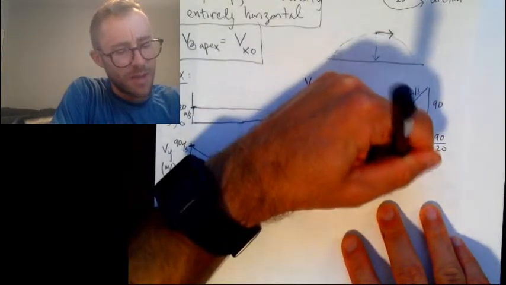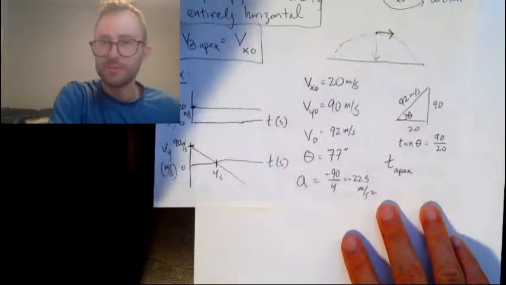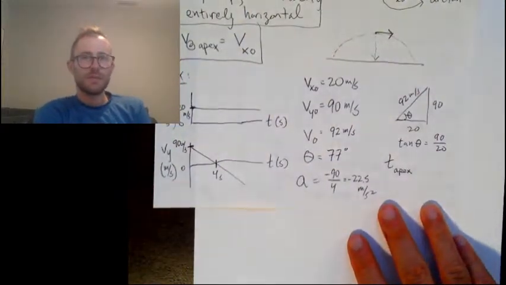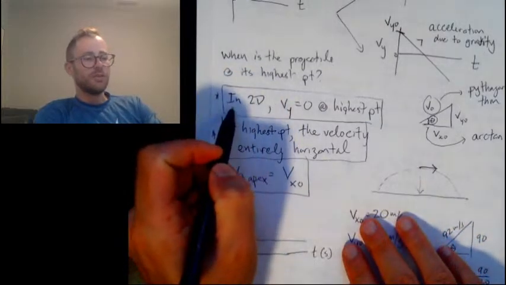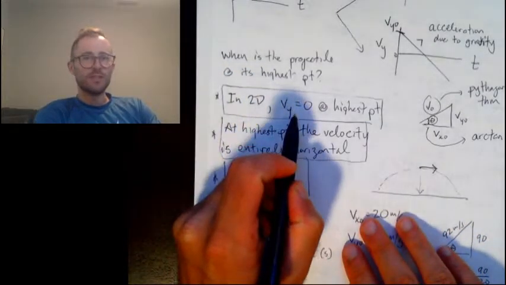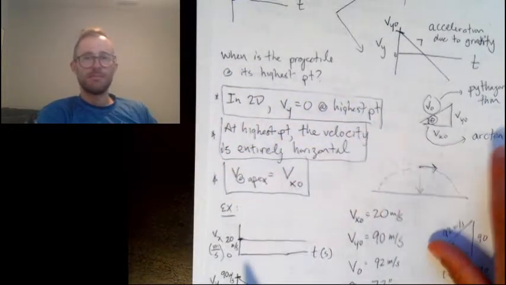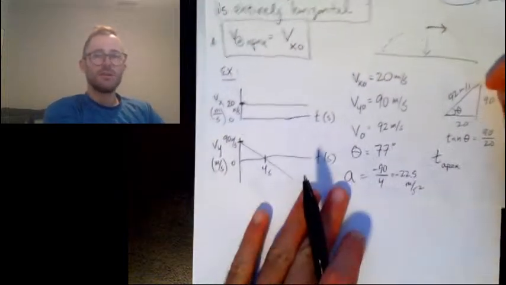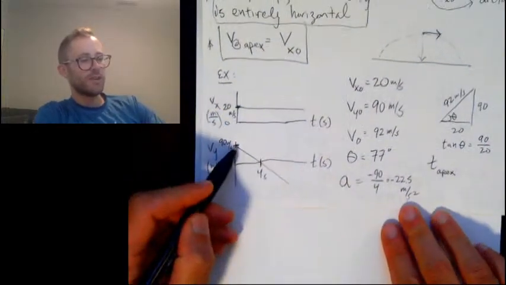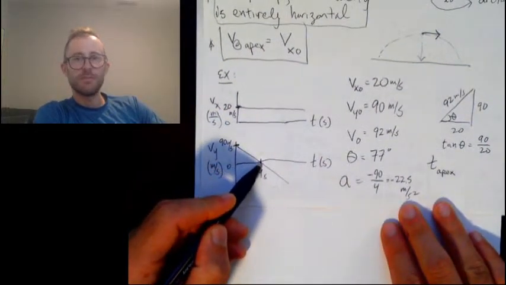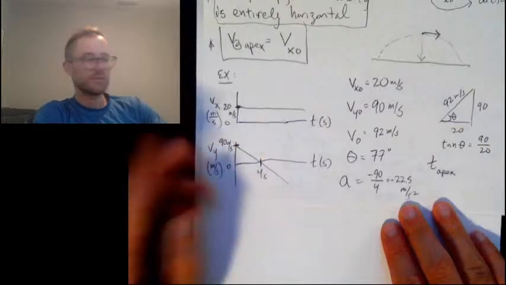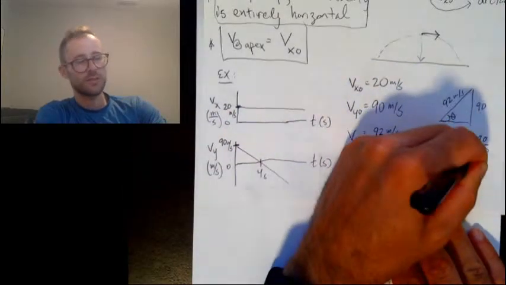What is the time at which we reach the apex? As I said before, in 2 dimensions, the y velocity is 0 at the highest point. Okay, so looking at our y velocity graph, I can see it becomes 0 at 4 seconds. So the apex is at 4 seconds.